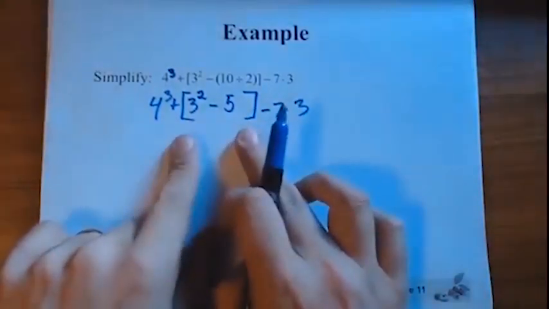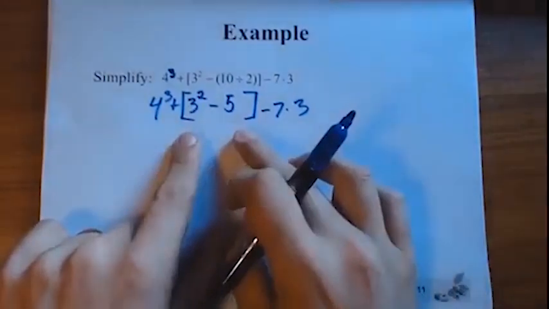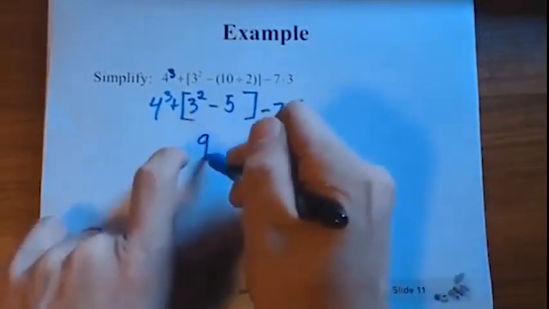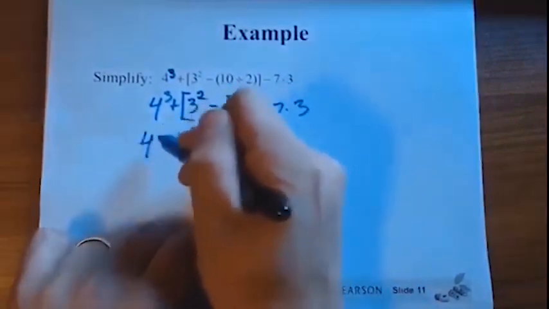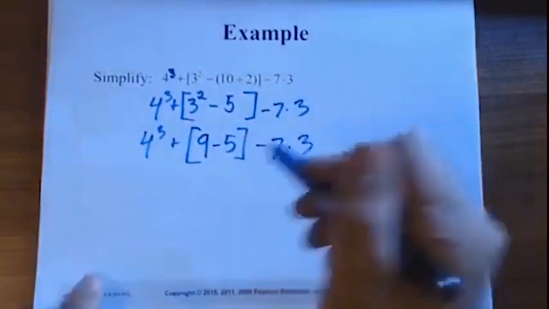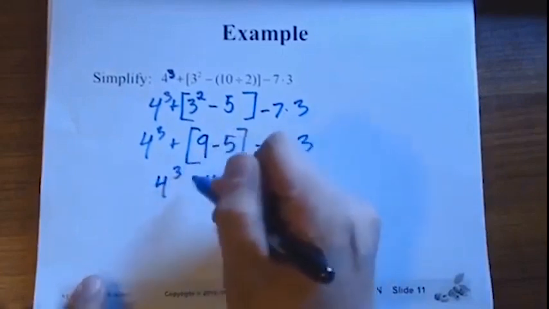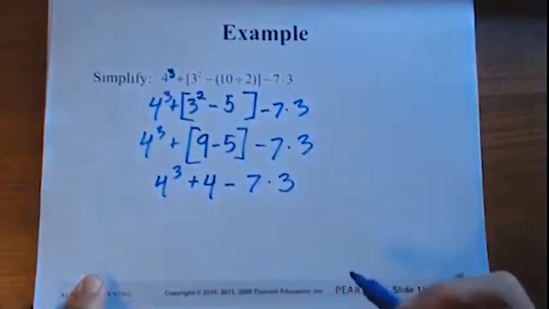Then we have these brackets. They're now the parentheses we're looking at. And inside of there we have to do 3 squared is 9. Everything else stays the same. 9 minus 5 is 4. So this is 4 cubed plus 4 minus 7 times 3.